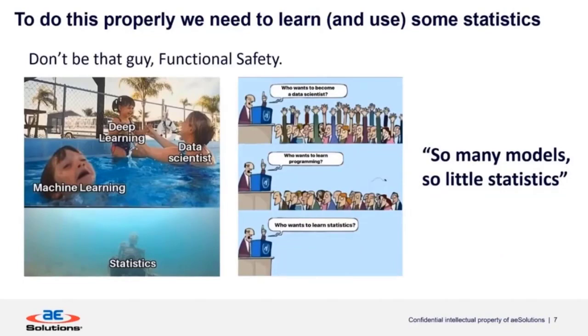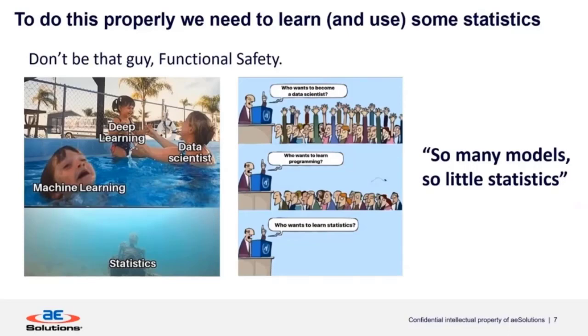Now, to properly do this, as it says here, we need to use some statistics. So this is not a meme about data science. This is a meme about me as a functional safety person, as a QRA quant. You could easily replace data science with a quant calculator, functional safety, a SIL calculator.